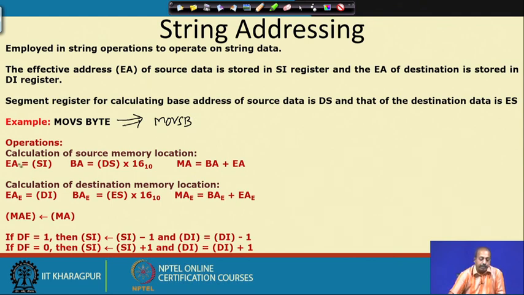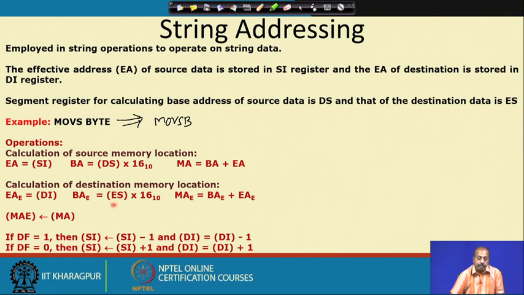So, how is it done? The effective address for the source is available in the source index register SI. The DS register will contain the segment address, so the base address is DS times 16, and the memory address is BA plus EA, base address plus effective address. For the destination part, the effective address is DI, and the base address is from the extra segment register ES.